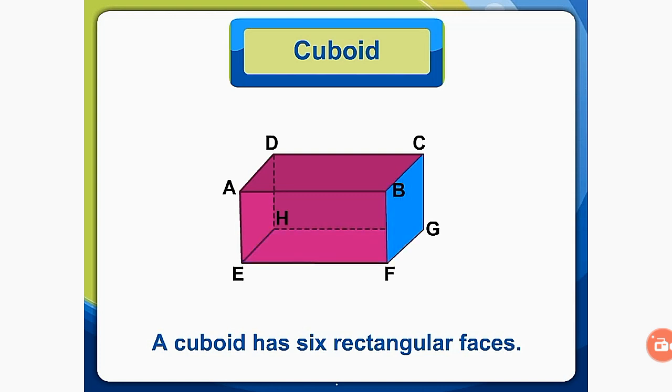BCGF is the right side face. And ADHE is the left side face. And ABFE is the front face, and CDHG is the back face.